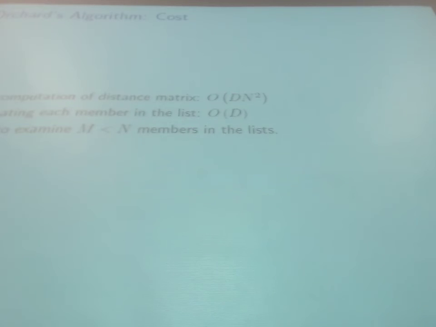Now, as you're doing the list walking, you potentially want to compute the distance between Q and a member of the list. That's going to cost you order d operations, because you've got to calculate the Euclidean distance.